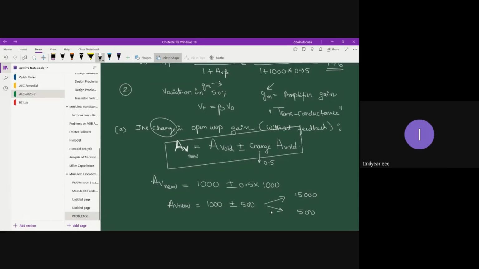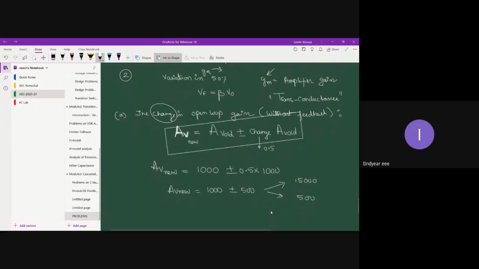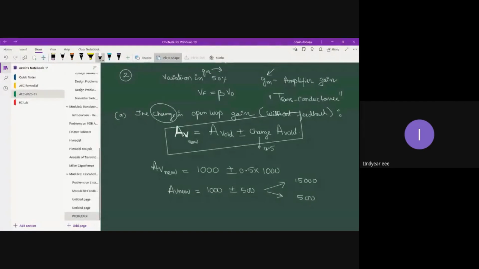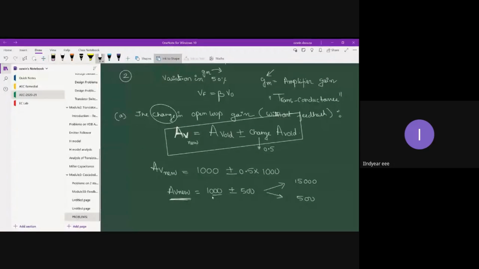Okay, so basically, you can see that a change in amplifier gain can greatly affect the open loop voltage gain. You can see that original open loop voltage gain is 1000.